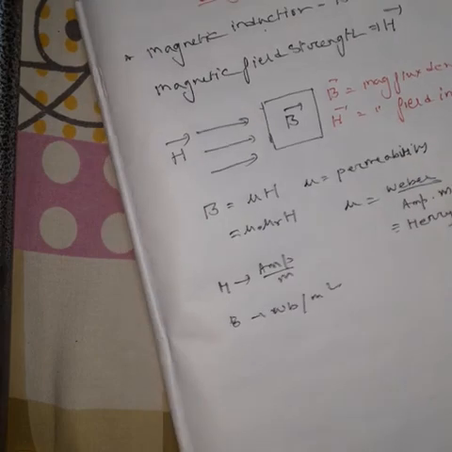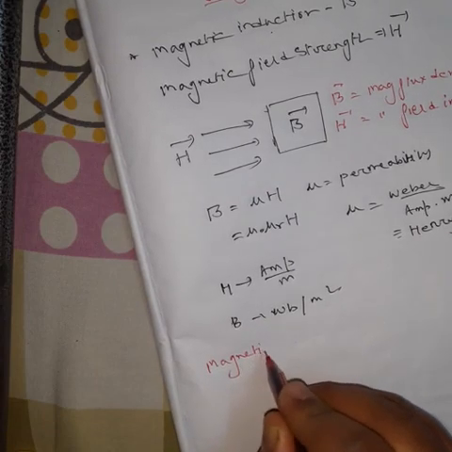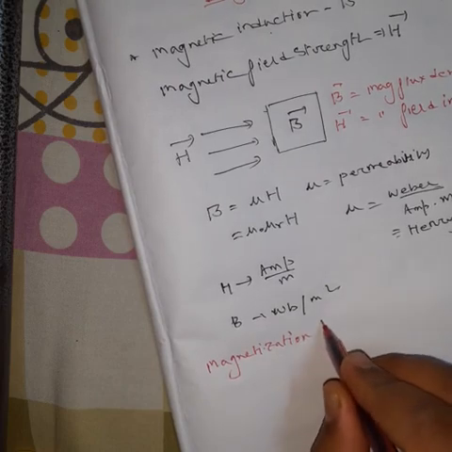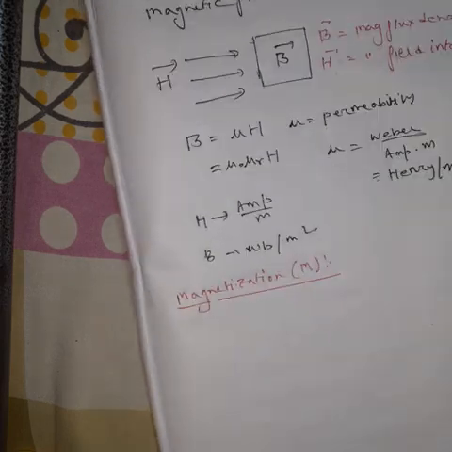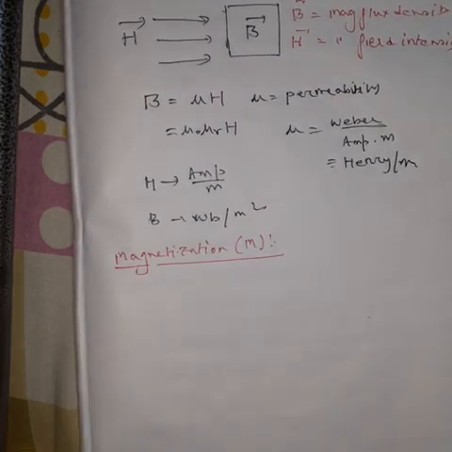Then there is something we have to know, which is called magnetization. Just like polarization, I have something called magnetization. There are a lot of similarities between electricity and magnetism, so once you do the electricity carefully, you can understand magnetism very easily.